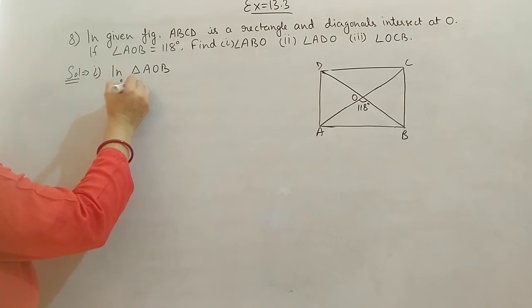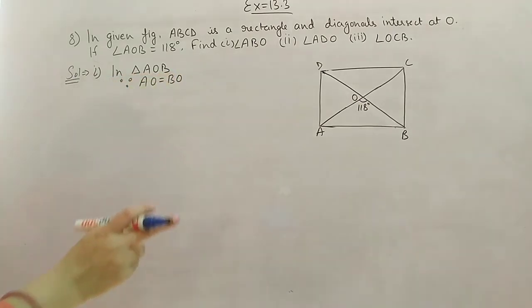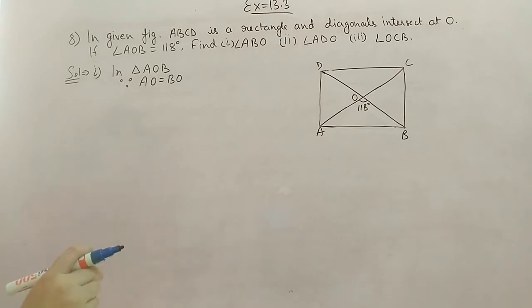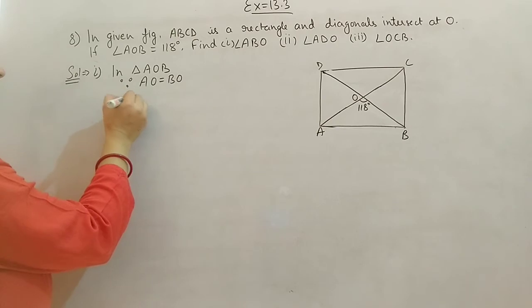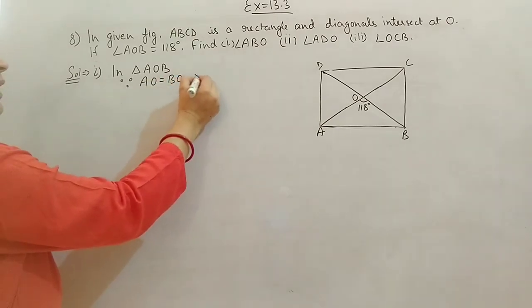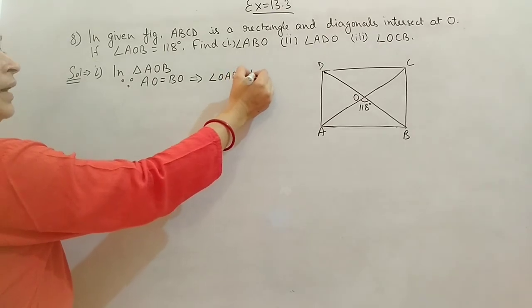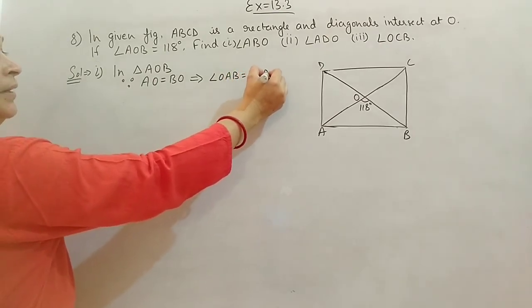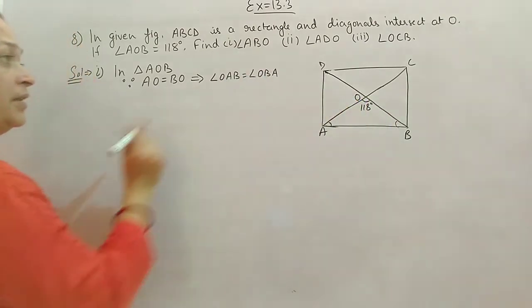because AO is equal to BO, as we discussed before, diagonals of a rectangle bisect each other and all these four parts will be equal. So therefore we can say angle OAB is equal to angle OBA. These two angles will be equal. This is an isosceles triangle.